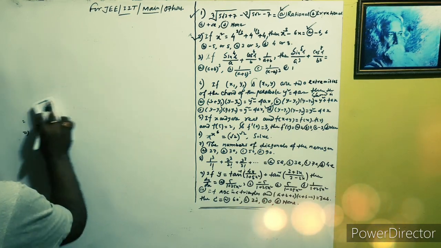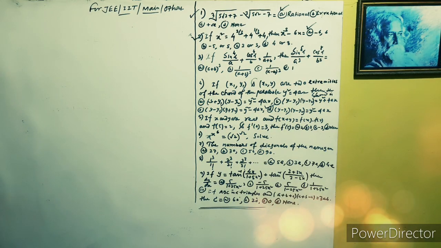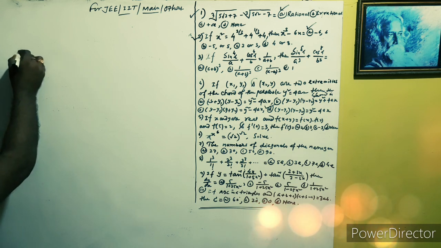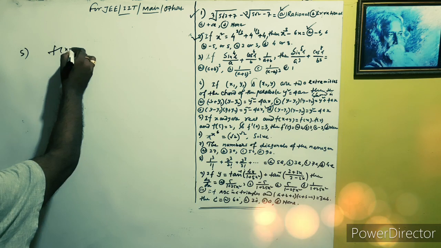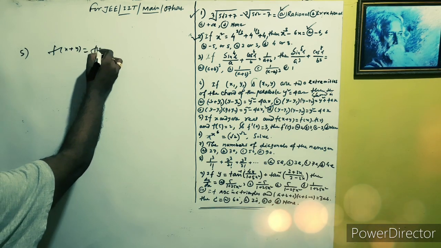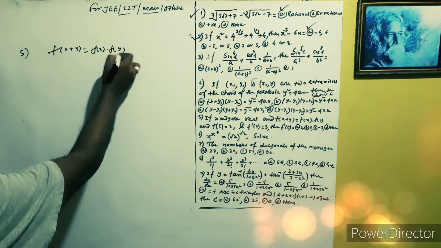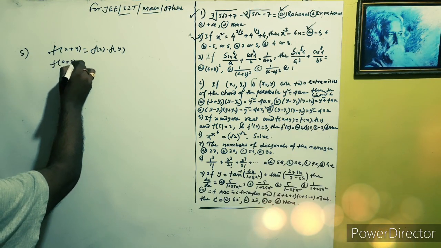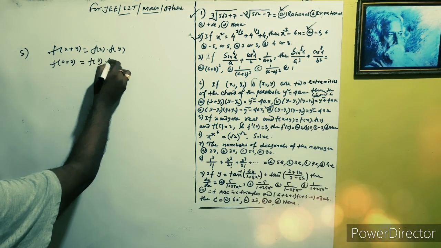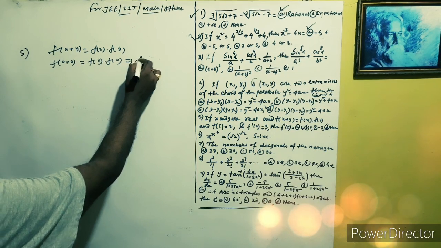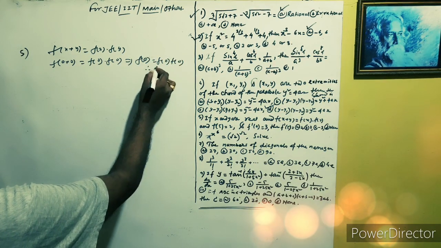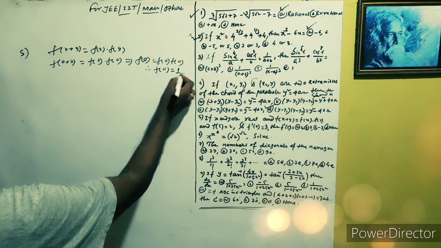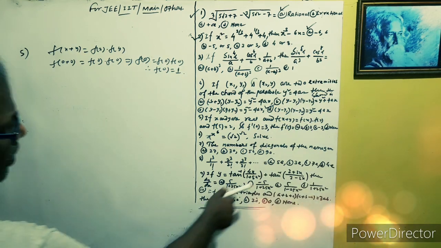Now proceed to question number 5. We have given the condition for the function f of x plus y is equal to f of x into f of y. If we put 0, 0 actually, then f of 0 is equal to 1.